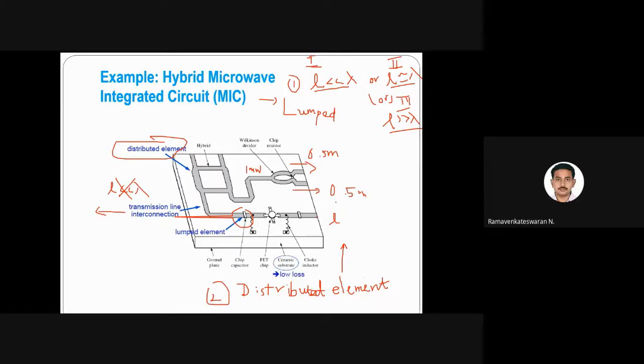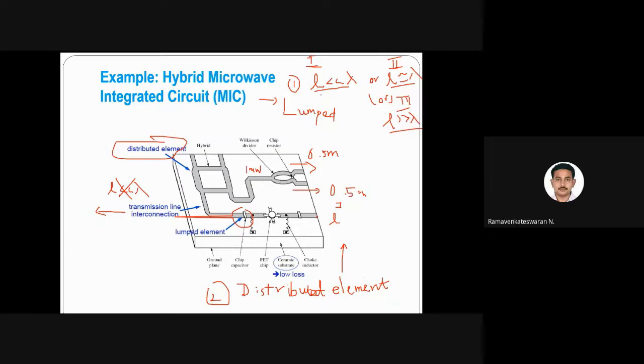In the second case, this is the first case. Probably I will use the secondary screen, so first case. Okay, very good. That is for lumped. For distributed, you take all three cases. Which case is for distributed elements? There are 1, 2, 3.